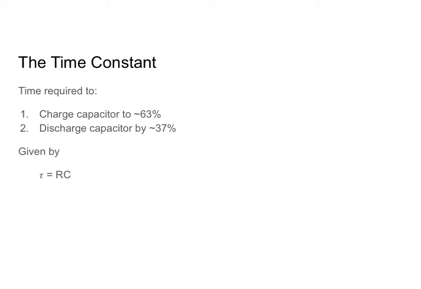Now, I also want to mention that the maximum charge for a capacitor is going to be reached at 5 times that time constant, which we're going to represent with the letter tau. That's the Greek letter tau, which is the time constant. We can calculate our time constant by just knowing the resistance and the capacitance in the circuit.